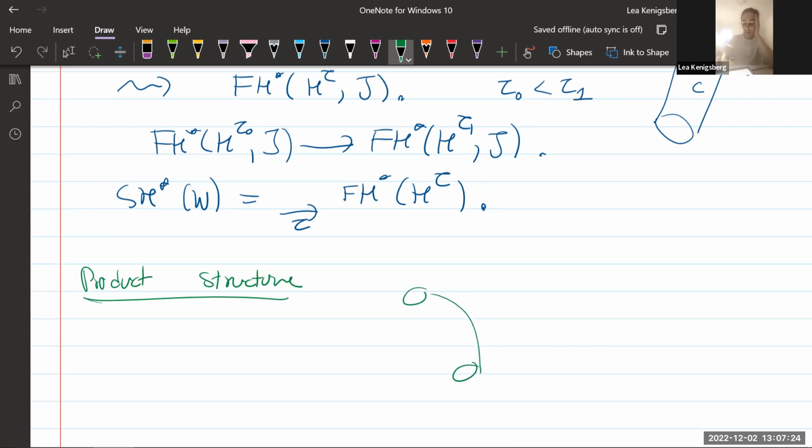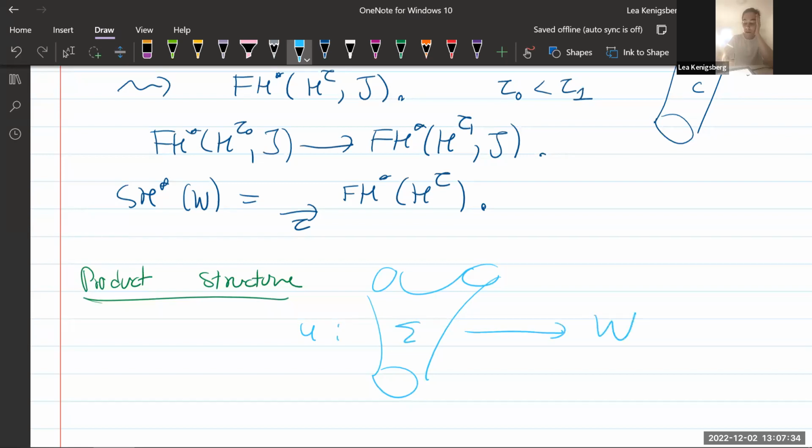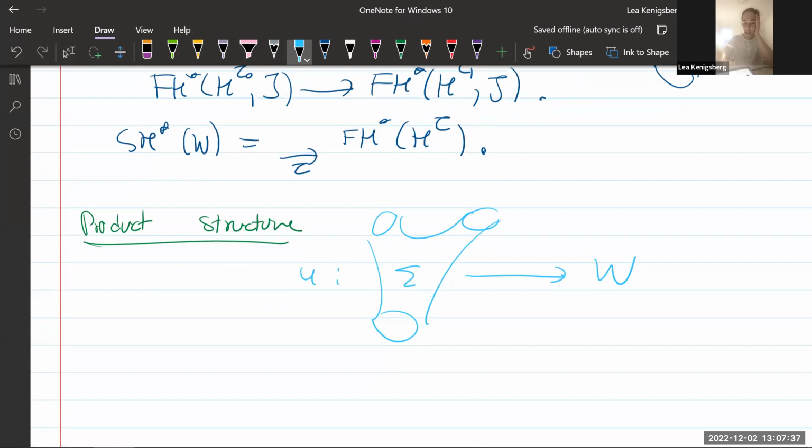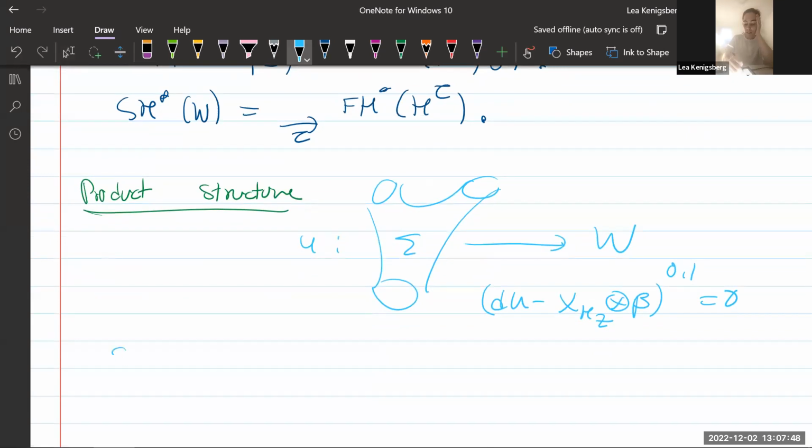So we can consider a map u from this pair of pants surface to W, and we want these maps to satisfy a parametrized Floer equation. And this defines the pair of pants product. Depending on your convention, this has different degrees.